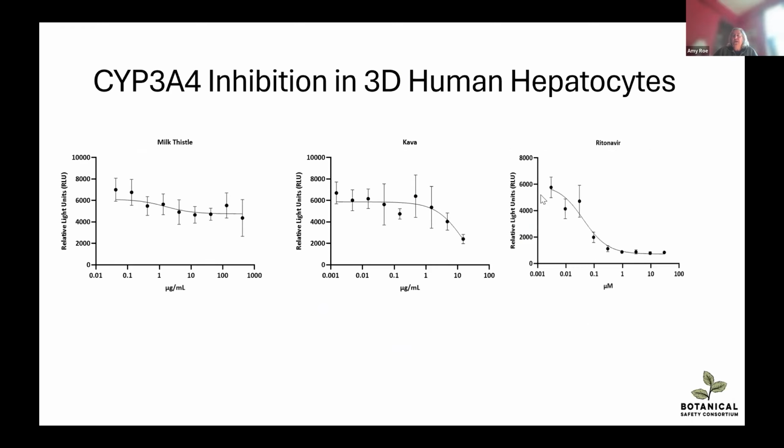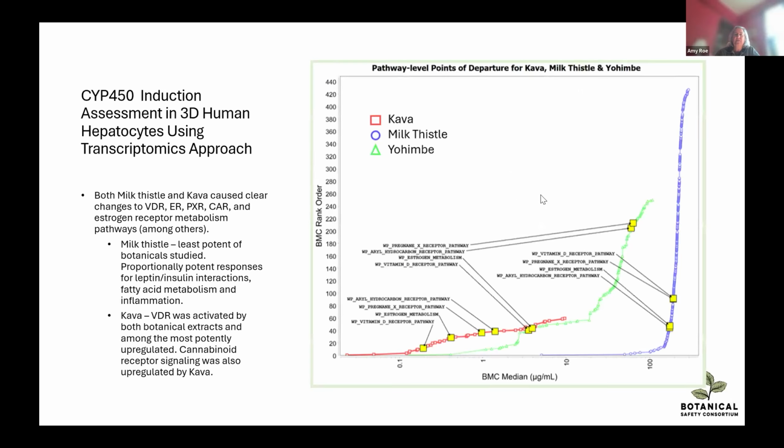We used ritonavir as a drug positive control, a known potent inhibitor. And so you can see what really potent inhibition looks like. We try to use botanical positive controls when we can, but we also use drug controls because of that broad and historical knowledge that we have in hepatocyte models.